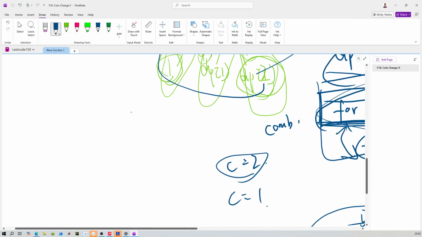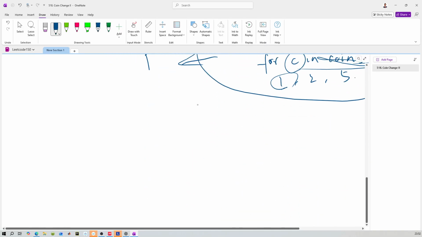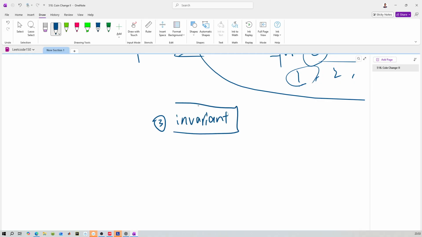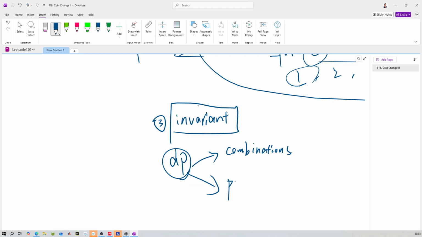So what's the invariant? If you remember this, you will be able to solve this problem yourself next time. First of all, a DP problem might have two types: one is asking for combinations, the other is permutations.